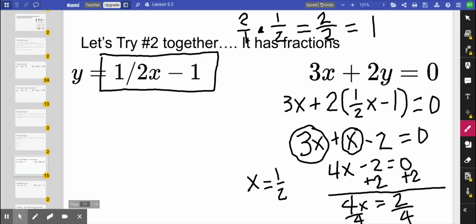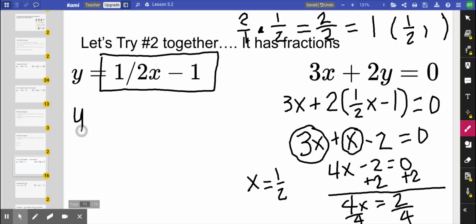So if I think about this in the form of coordinates again, my x is 1/2. I still don't know what my y is, but I've done step 2 and I've solved the resulting equation for one of the variables. Now I have to do step 3, put the 1/2 back in for the x, and solve the first equation for y.